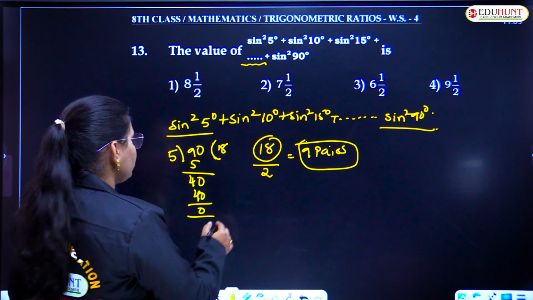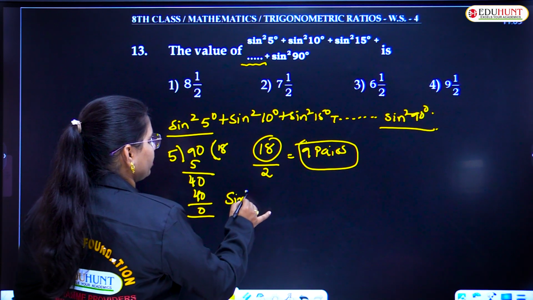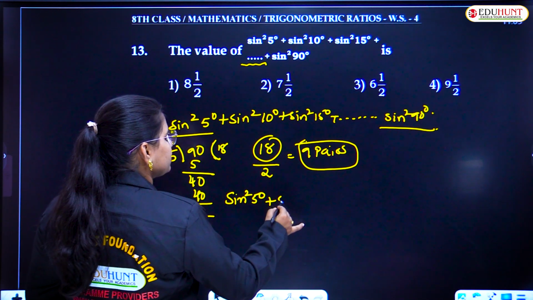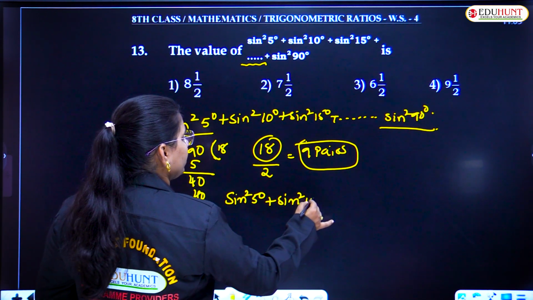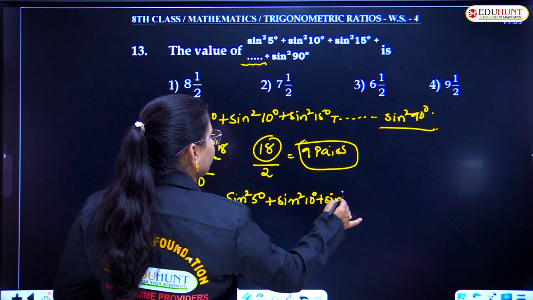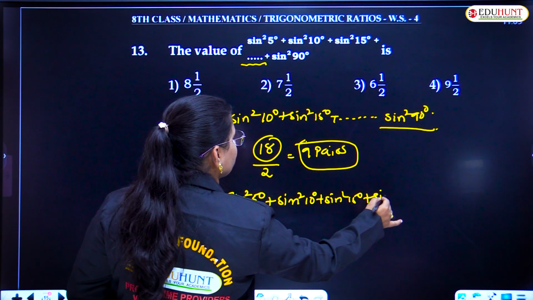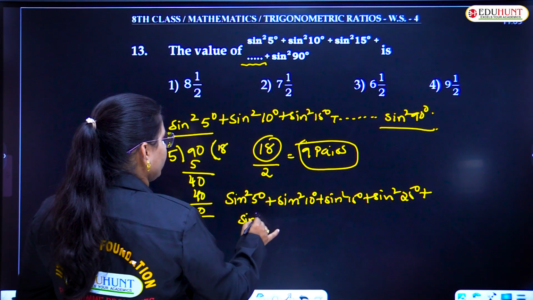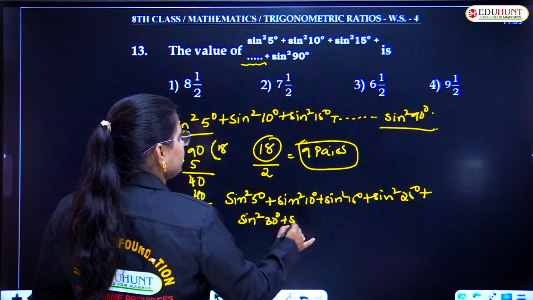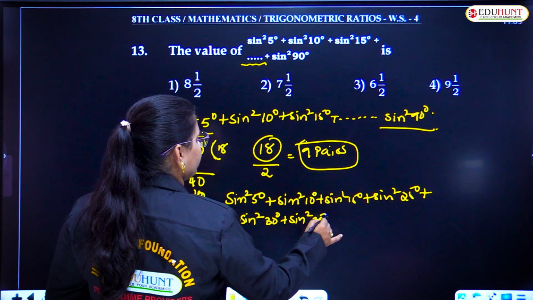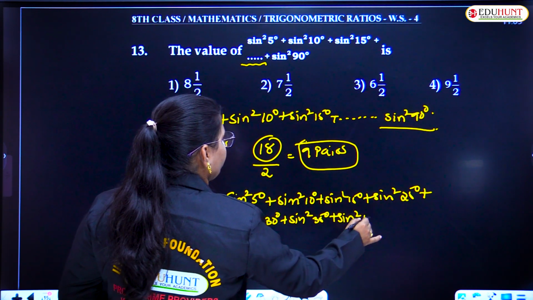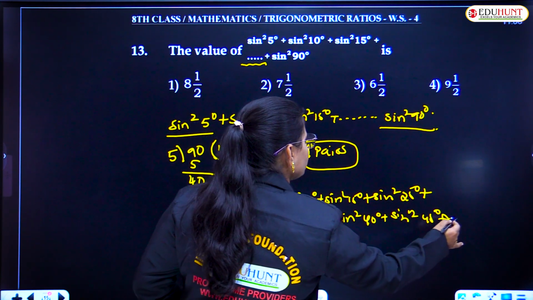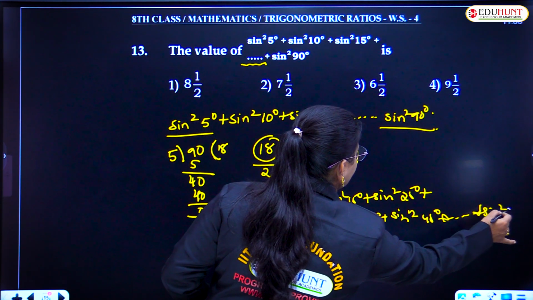I can write sine square 5 plus sine square 10 degree plus sine square 15 degree plus sine square 25 degree plus sine square 30 degree, sine square 35 degree, sine square 40 degree, sine square 45 degree and so on up to sine square 90 degree.